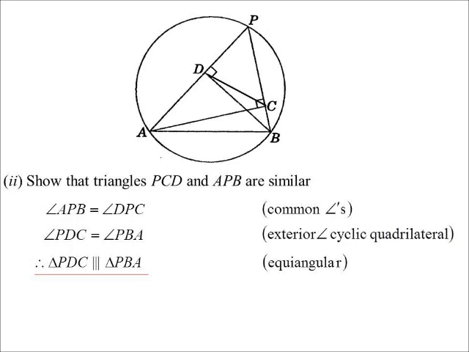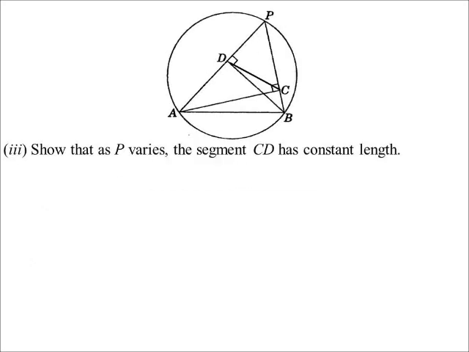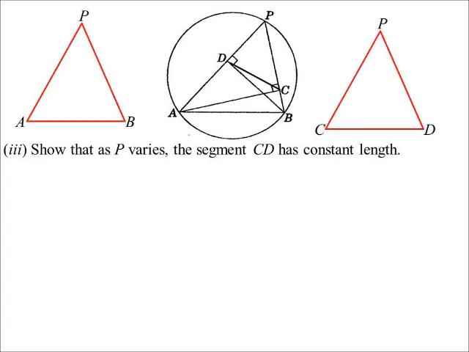Okay, so the next bit: show that as P varies, so P, remember, is moving along the arc of the circle, the length of CD is going to be constant. So it doesn't matter where P is, it'll always have the same length. Well, there's PAB and PCD, the two triangles that we just proved were similar.